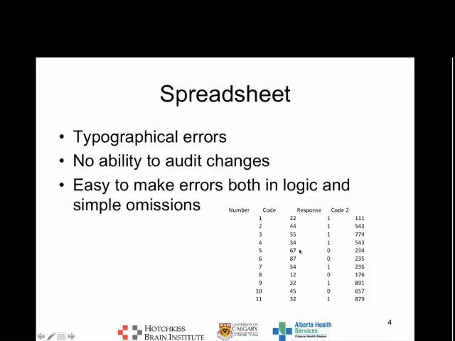You can be looking at row 4, entering something in row 5, and not be sure that you're entering the right data. So it's easy to make errors in logic, and it's easy to make errors of omission.